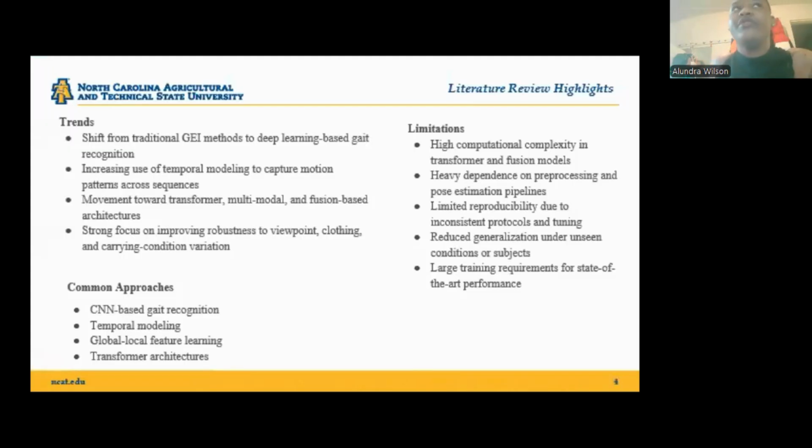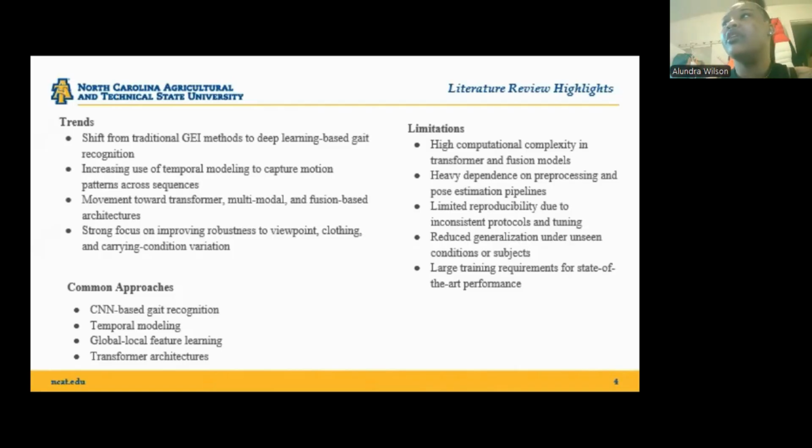In our literature review, we analyzed research trends from approximately 2020 through 2025 related to gait recognition and gait analysis. One major trend we observed was the movement away from traditional gait energy image methods toward deep learning-based approaches.